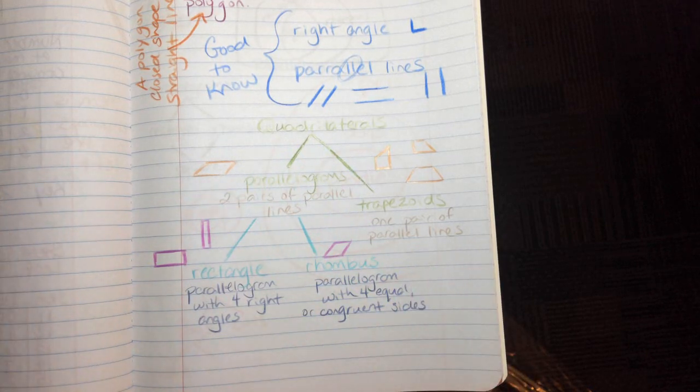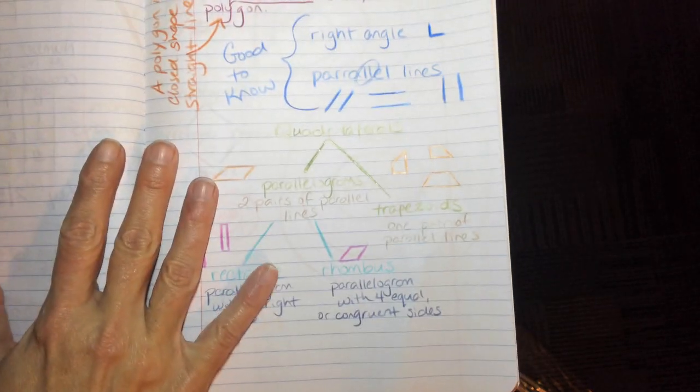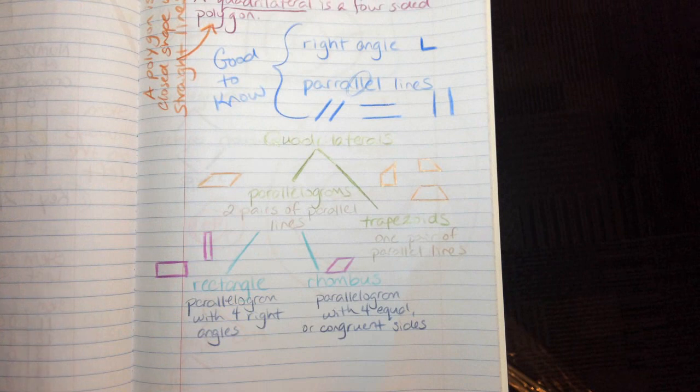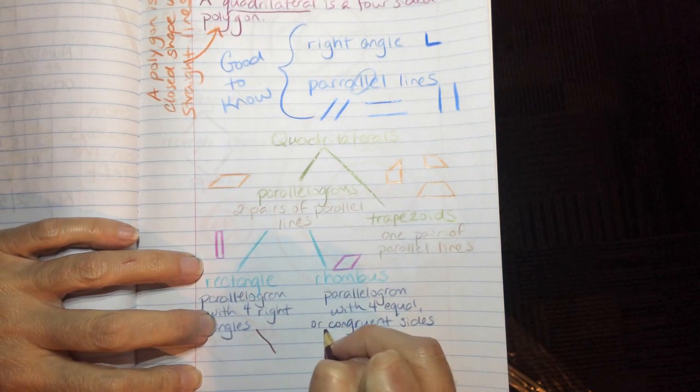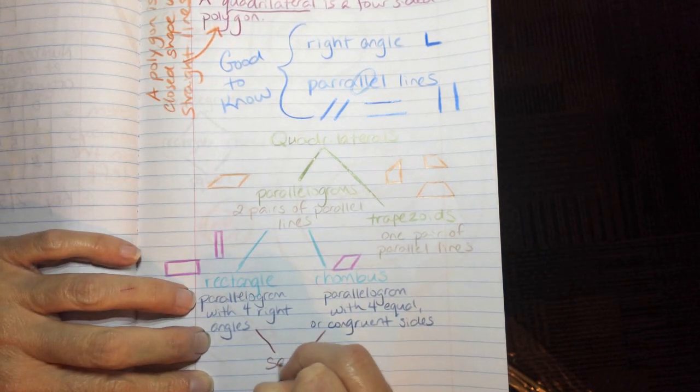And of course we get to the most special of special shapes, the poodle, if you will, of the quadrilateral family, and that is the square.